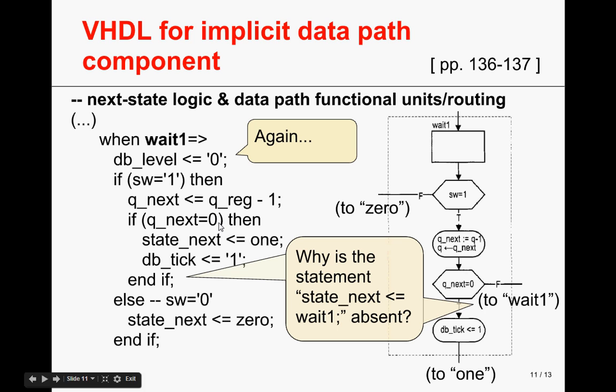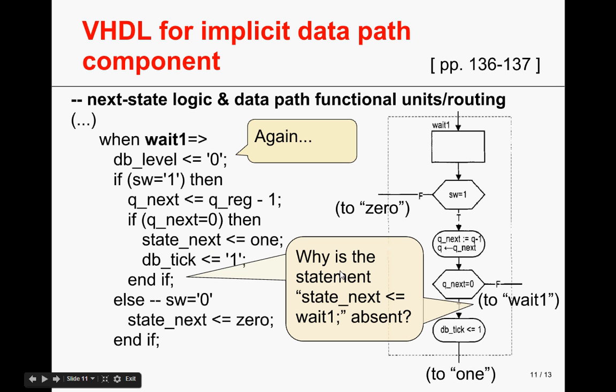Now the advantage of that is Q_next is a combinational output, so there might be occasions where we are not sure exactly at what time this output will be modified, and if that is the case, then it might be preferable to always use Q_reg for comparison purposes.